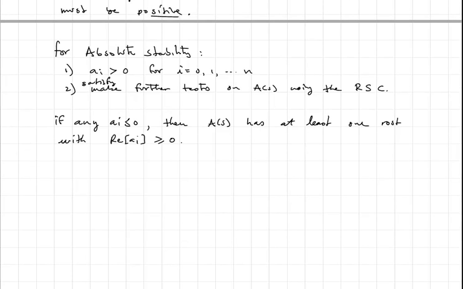So if we go back to our s-plane here, for absolute stability, we want to stay off of the j omega axis.